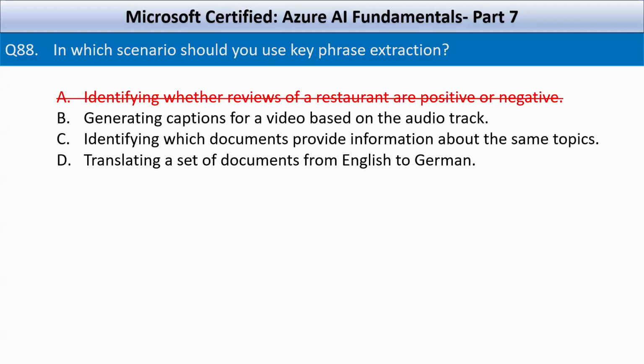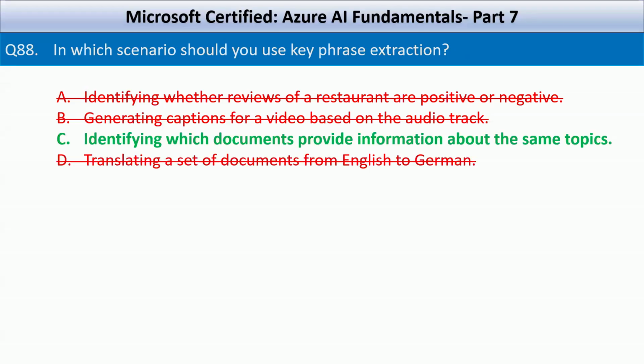And you would use the speech to text capability of Azure Speech Service for generating captions from audio. Key phrase extraction identifies the main topics or important terms in a document. This is helpful when you want to summarize content quickly, compare documents by shared topics, and add tags to categorize documents. Now, friends, you will use Azure Translator for translating documents from one language to another.